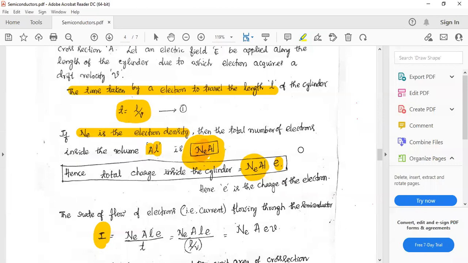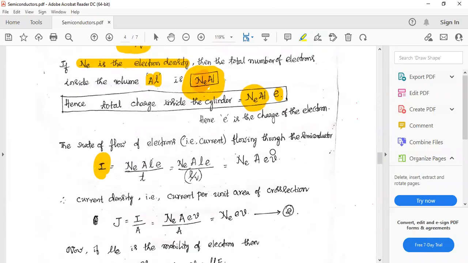Now let us come back to the question of current. Current is nothing but charges per unit time, right? I know now the number of charges, that is NeAL into e. This entire thing will give the total number of charges inside the cylinder, and I will divide it by T. That will give me the current. Total number of charges divided by time will give the value of current.